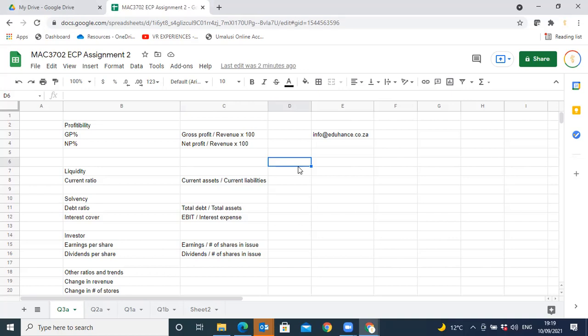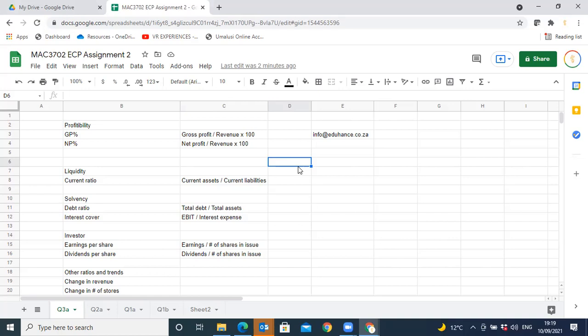And generally, if you write too much, it just gets confusing for the marker, and gives you maybe just a half a mark for attempt, for trying. So try as far as you can to write 1 or 2 lines, so 1 or 2 sentences as to why the ratio improved or decreased.